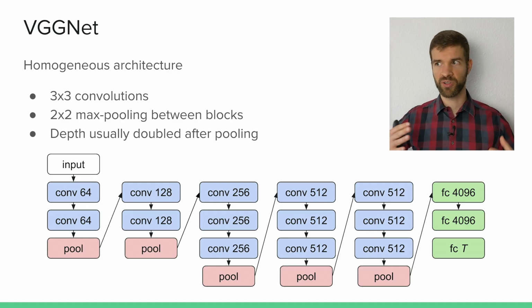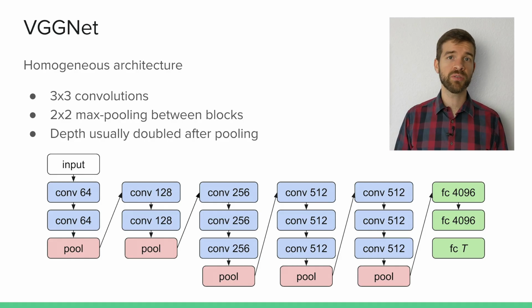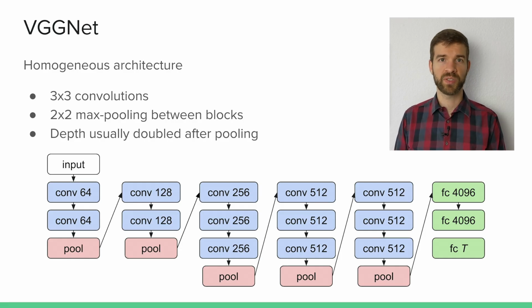The general idea is that we take our input image and make it smaller in the step between each block, but we add more information by adding more feature maps to the convolutions. The first block has 2 convolutional layers and a pooling with 64 feature maps, then 128.